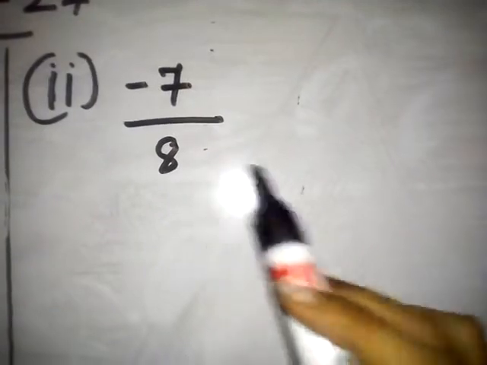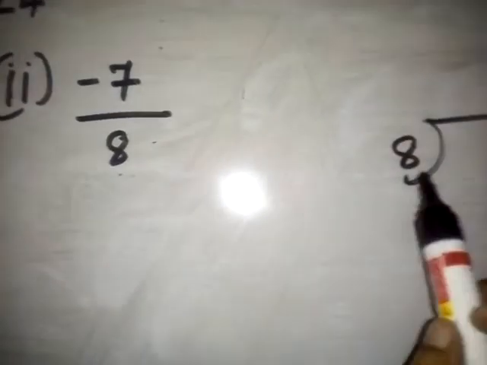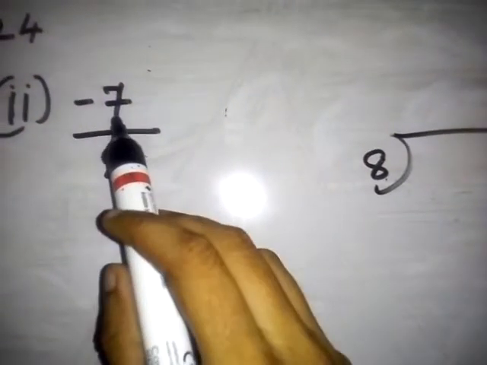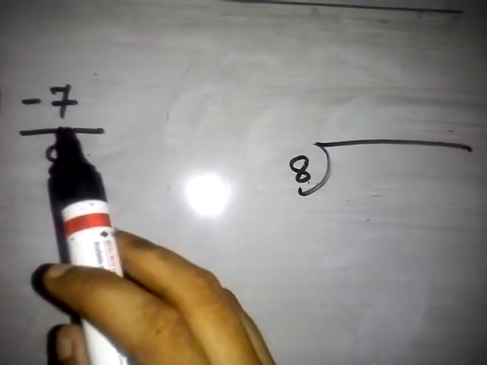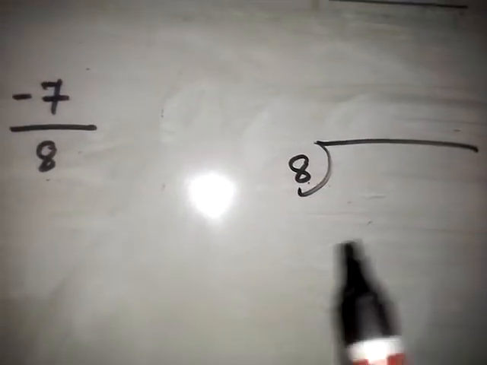Minus 7 upon 8. Denominator 8 is the divisor. Minus 7 is the dividend. The minus sign you can put now, or you can put it last when you get the quotient.